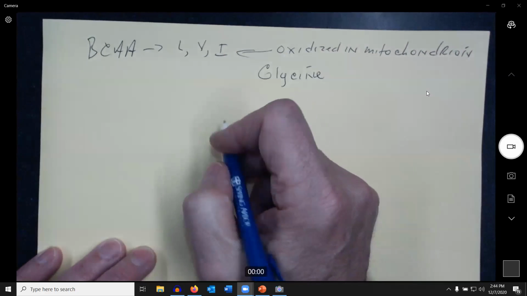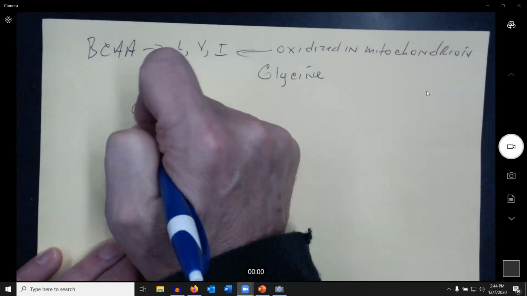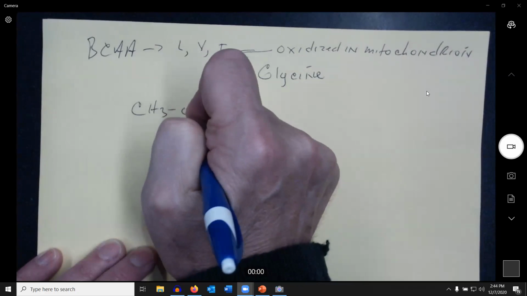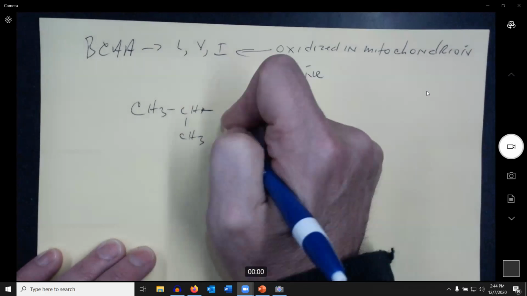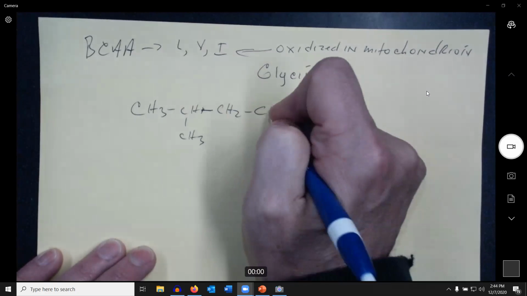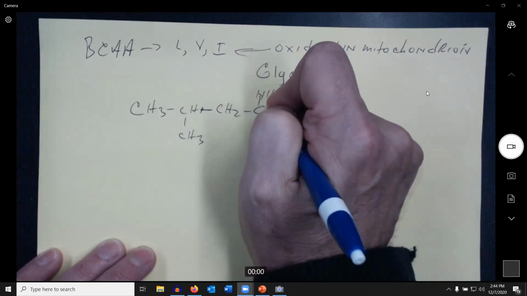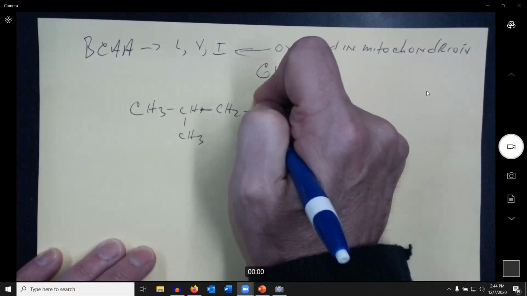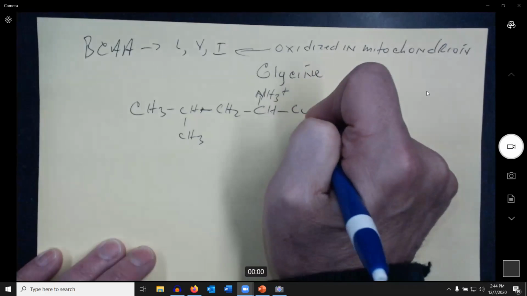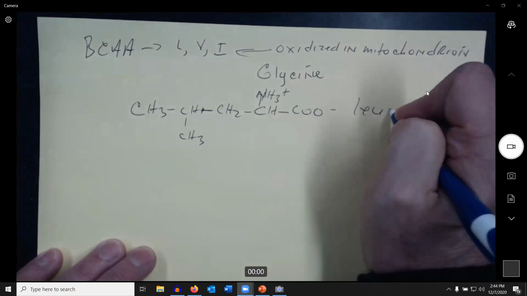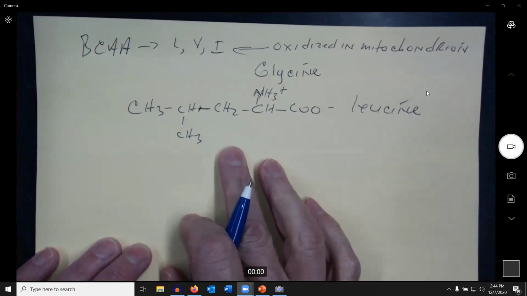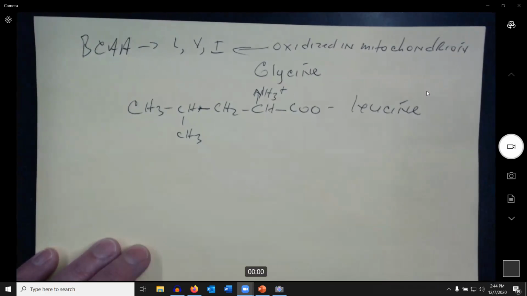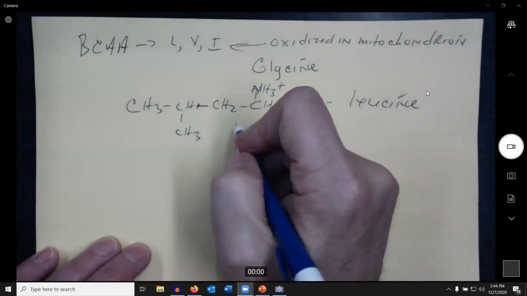So with leucine, for example, all the different branched chain amino acids are going to first undergo deamination.